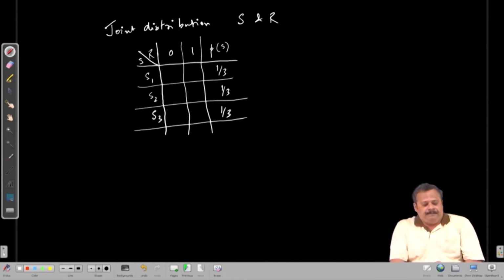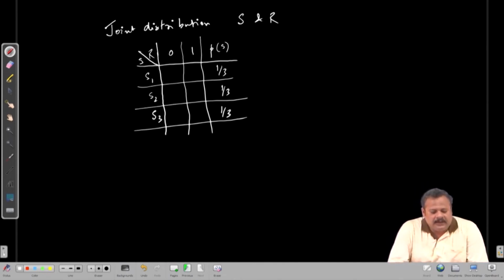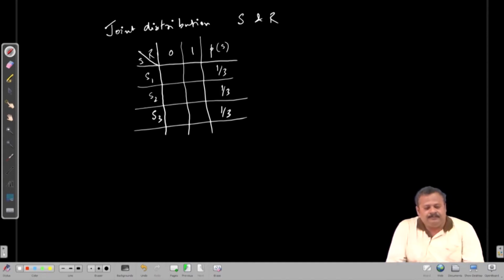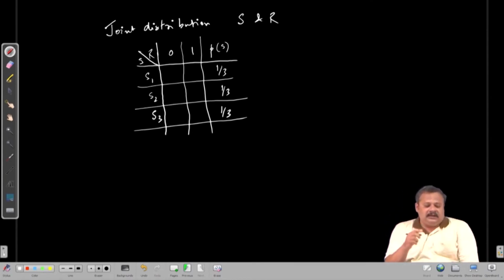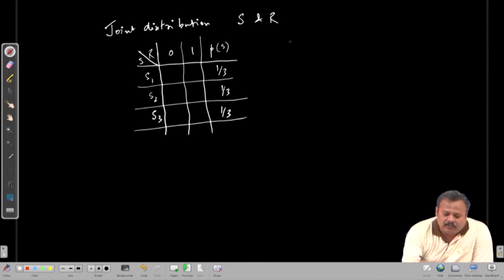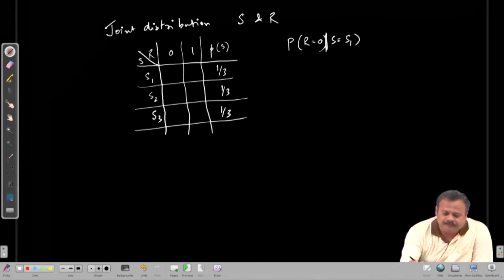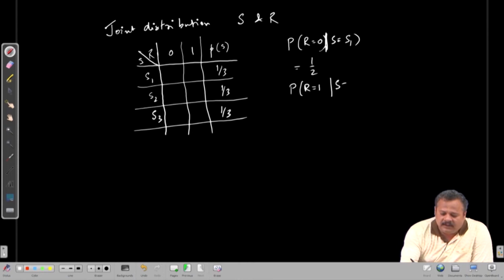Now, if the probabilities of response being 0 and 1 are equal when stimulus 1 occurs, then the conditional probability of R equals 0 given S equals S1 is half, and the probability of R equals 1 given S equals S1 is also half.